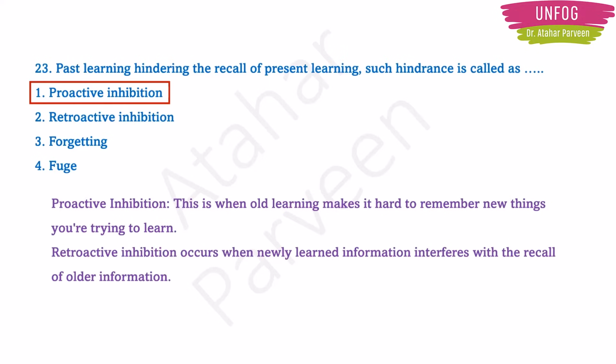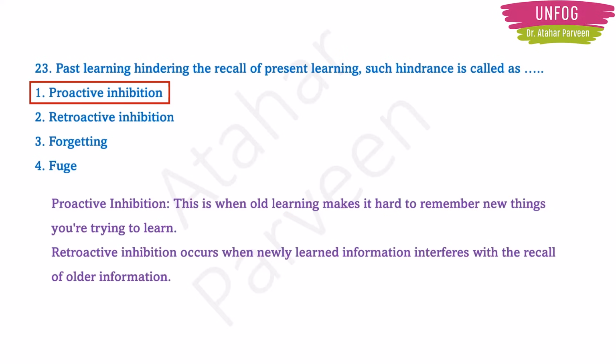So in this proactive inhibition, what actually happens is our old learning makes it tough for us to remember new things. Whatever we have learnt earlier, that knowledge is making it tough for us to remember new things when I am trying to learn them.